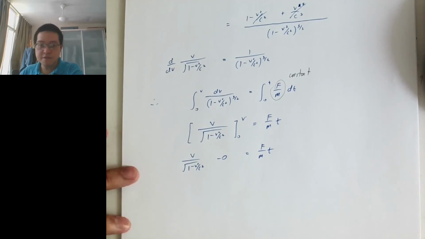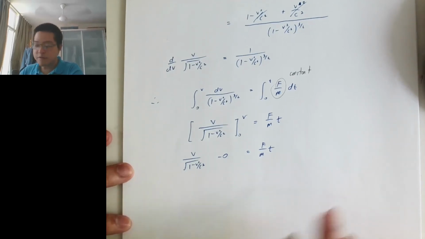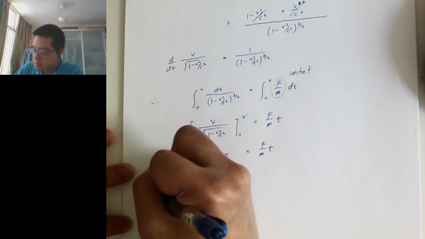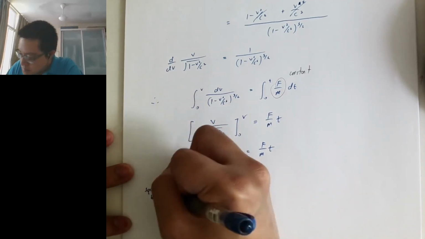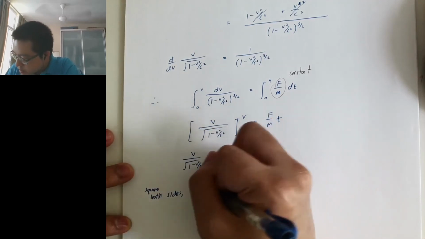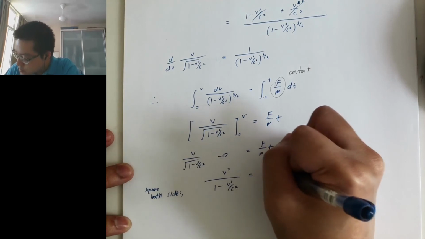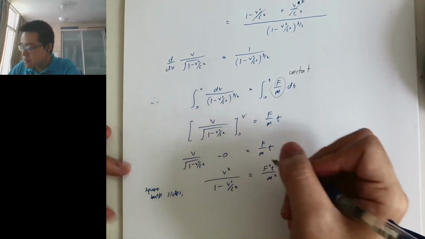And I want to solve this equation for v. So I want to find v as a function of time. So let's square both sides of the equation. Squaring both sides, I got v squared over 1 minus v squared over c squared equals F squared t squared over m squared, right?